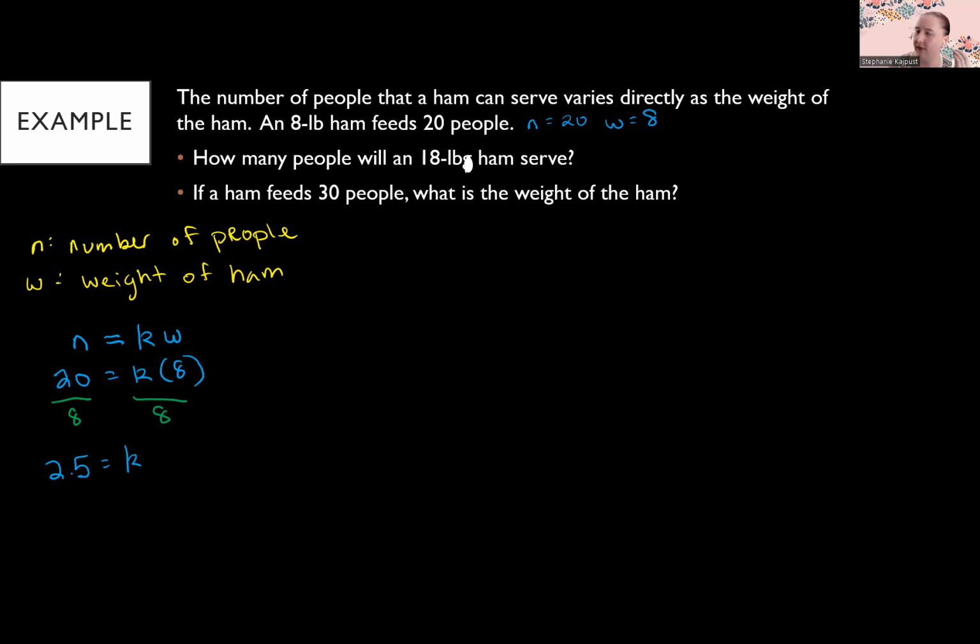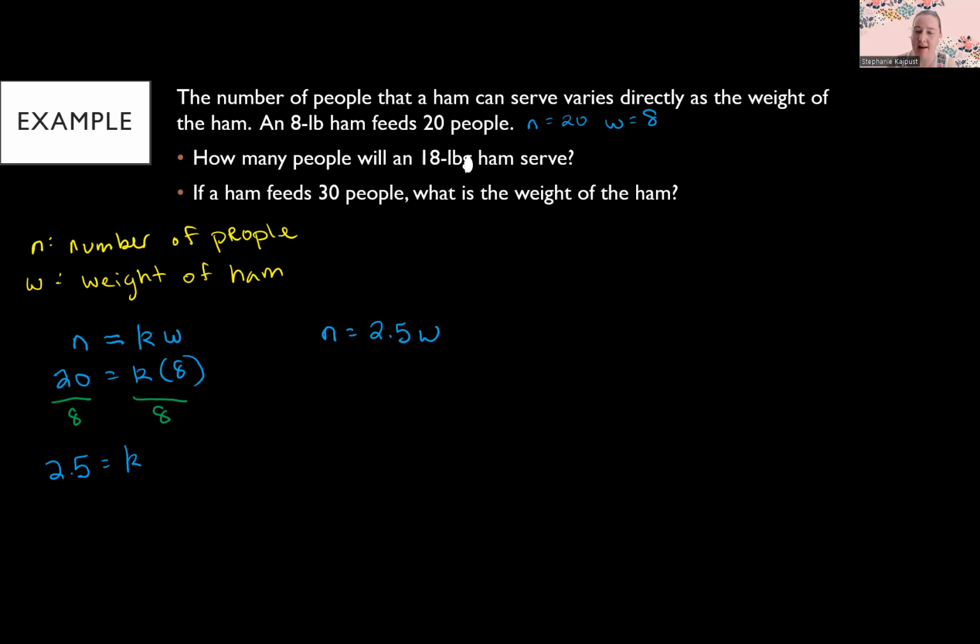So it's not often that we use fractions in our variation problems. So I can just do the division. So now that I know what k is, I can rewrite my equation with the value that k is equal to. So now I have n is equal to 2.5 w, because now we've solved for k.